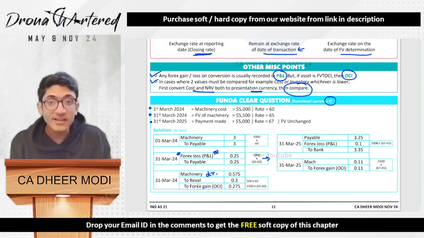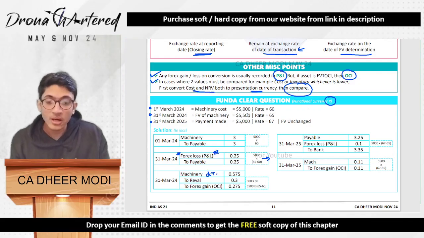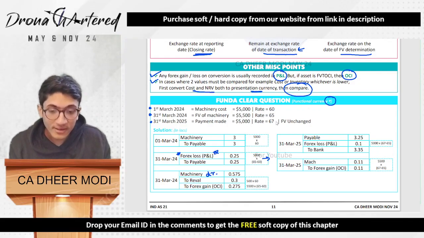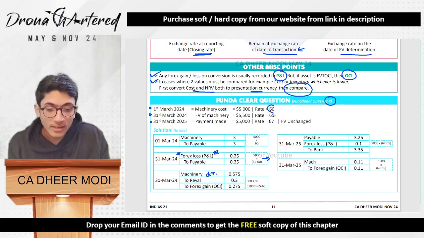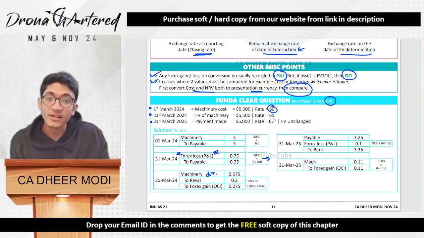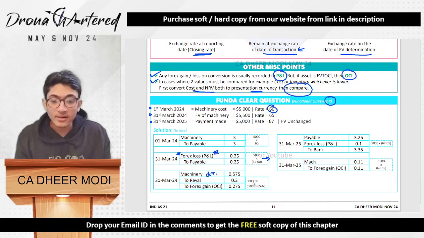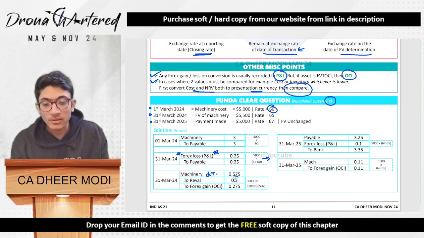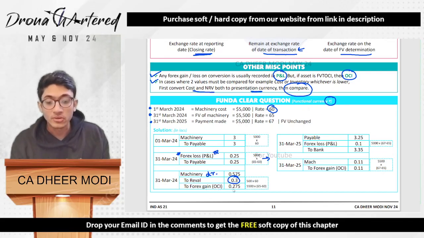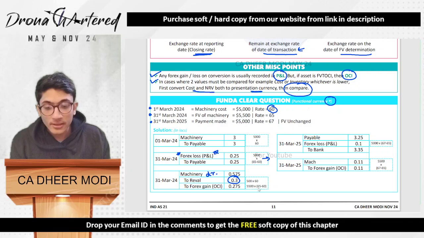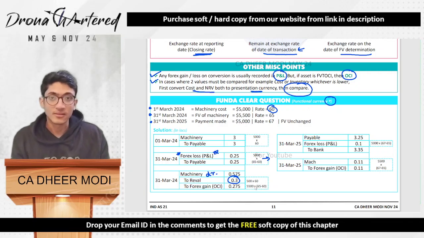To reval gain, of course, there is an upward revaluation of $500. So 500 into your original rate, because we have already recognized the loss. So 500 into your original rate will be this 0.3, and your forex gain will be 5,500 into 65 minus 60.